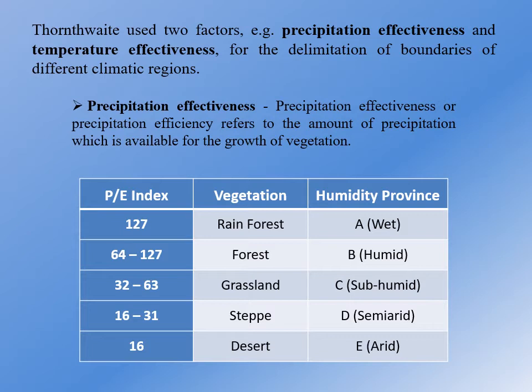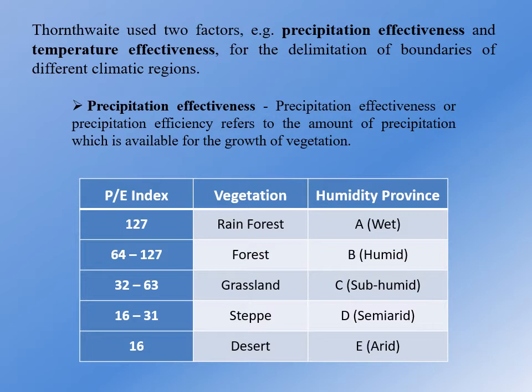So on these points, the Thornthwaite classification scheme closely resembles the classification scheme of Köppen. However, there is also a marked difference from the Köppen system of classification.